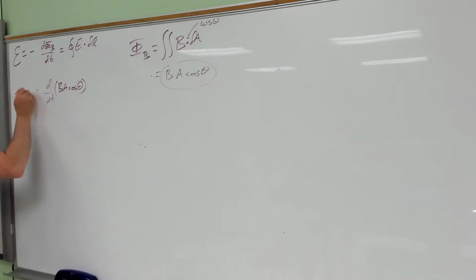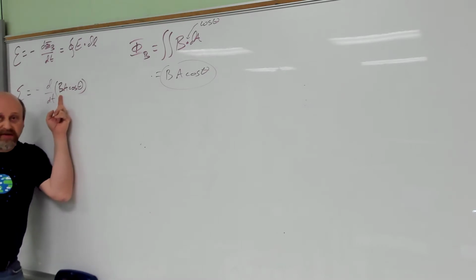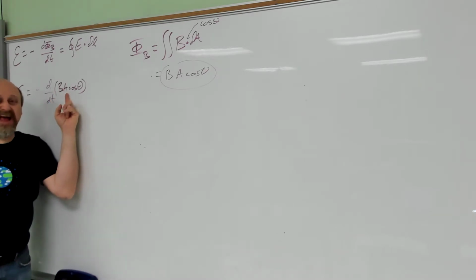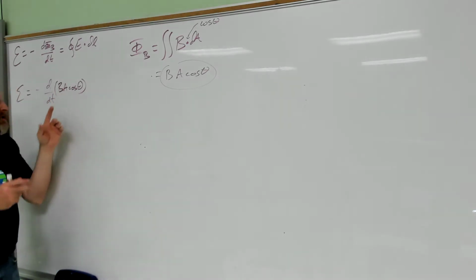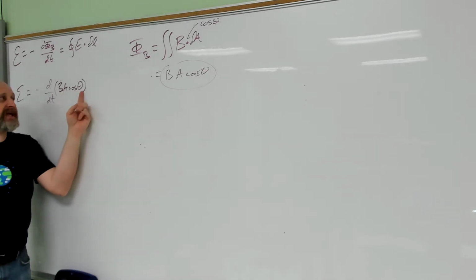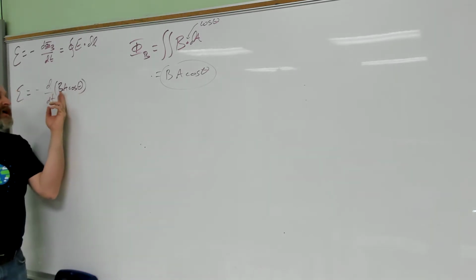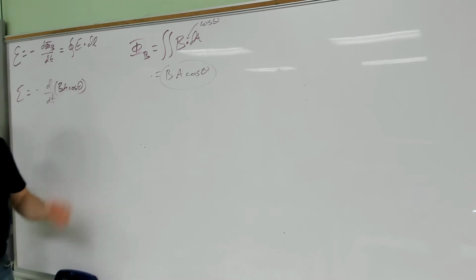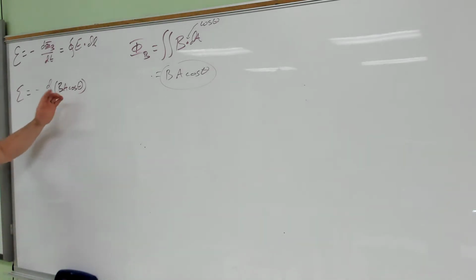I can generate this EMF if I'm changing the magnetic field strength, if I'm changing the area of the path I'm measuring through, or if I'm changing the angle between the B field lines and that area vector. Any of those changing will generate a voltage.